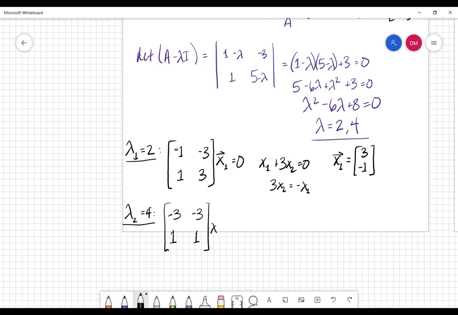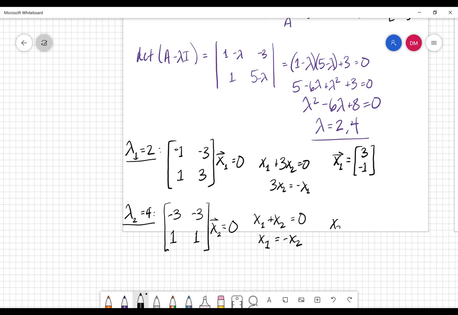And so for this one, in order to find x2, I'm probably going to have to do a little bit of guessing, but just using my last row right here, it looks like x1 plus x2 is equal to 0. And so x1 is equal to a negative x2. Whatever fits that will work for us.